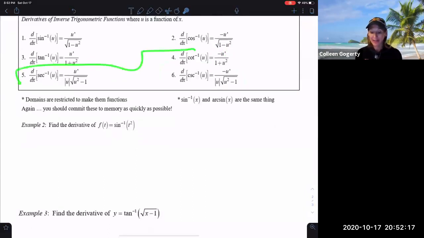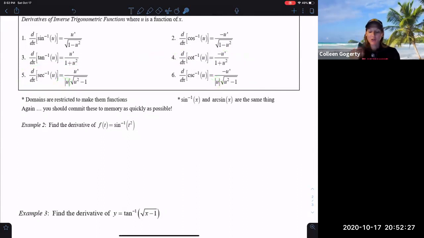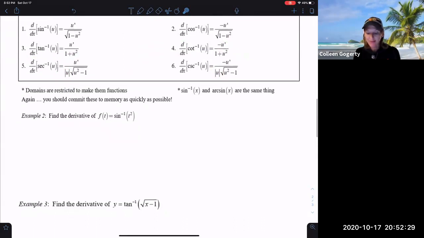The way to get these 3 would be very similar to what we were just doing on the previous screen. The only thing that comes up a little different is you have these absolute value of u's, or the absolute value of the inputs, and that is coming from needing to restrict our domains and looking at basically where our inverse trig functions exist.